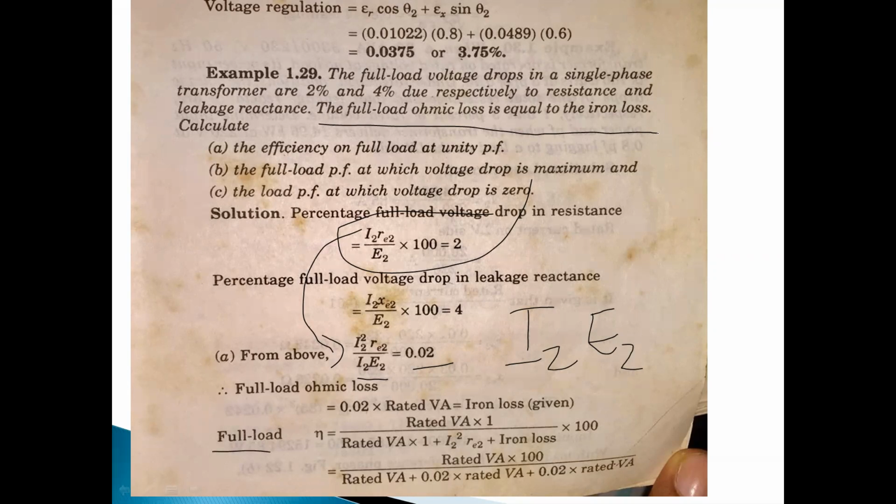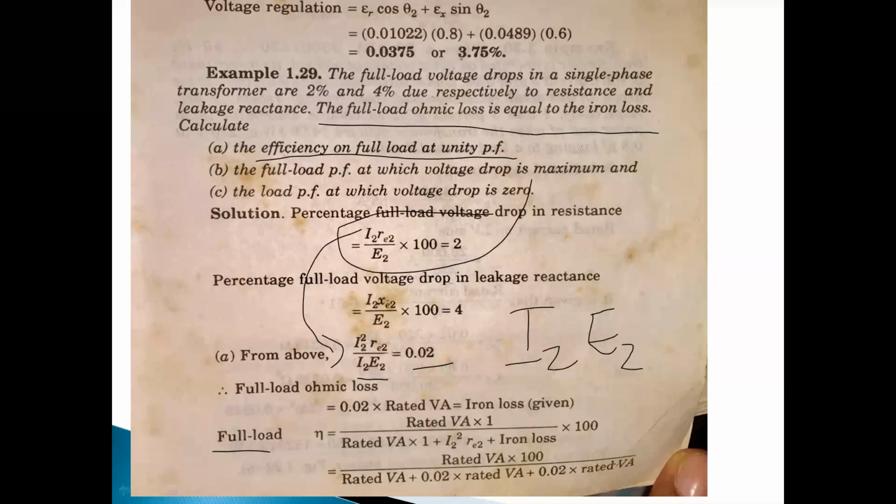Efficiency at full load and unity power factor, that is power factor equal to 1. Efficiency equals output power by input, where input is output plus total loss. The output is rated volt amperes into 1.